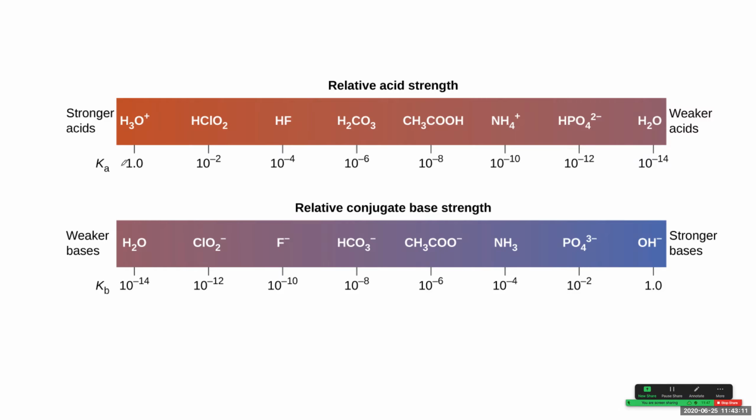The relative acid strength would be the ratio of the acid strength of these others over H3O plus. So HClO2 is 1/100th as strong as H3O plus. This is 1/10,000th and so forth. Water down here is 1 times 10 to the minus 14, so that's really the weaker acid. We said water has some acid properties in the presence of a base.